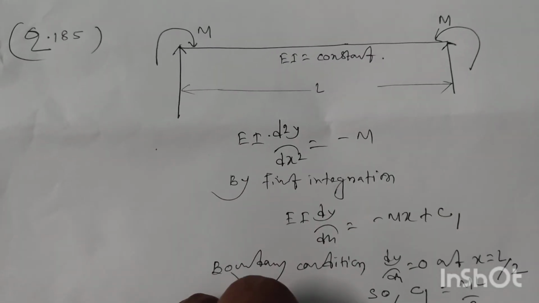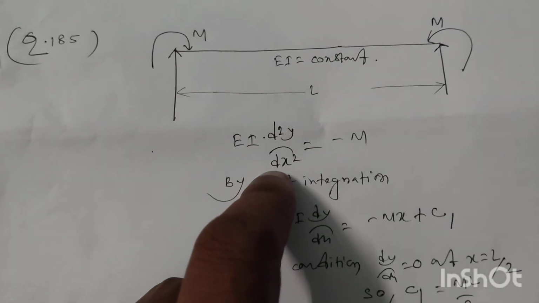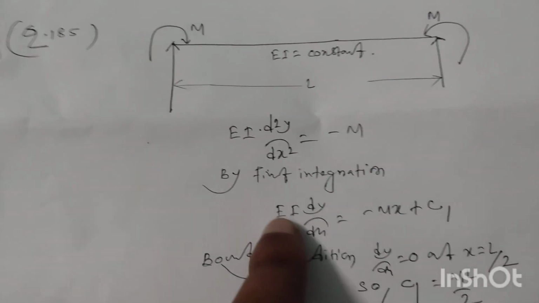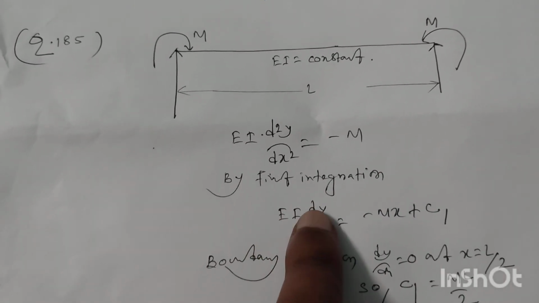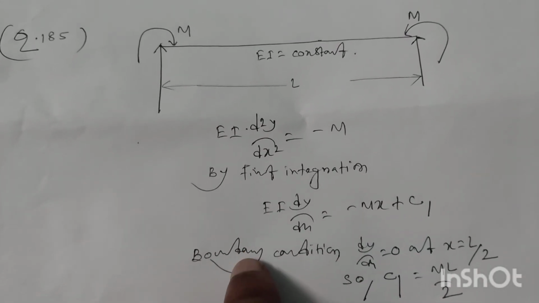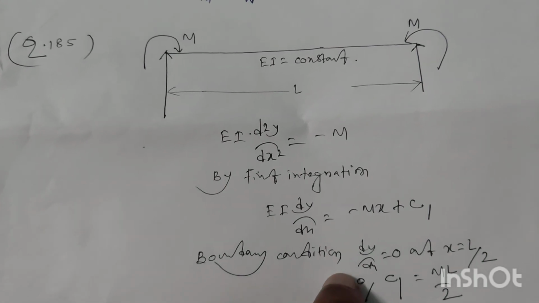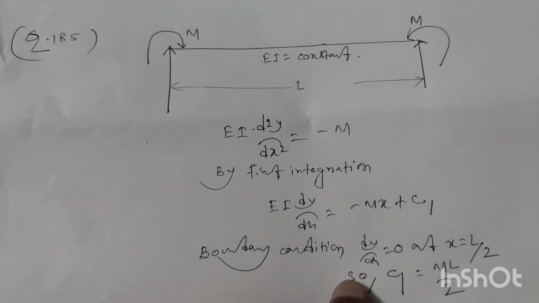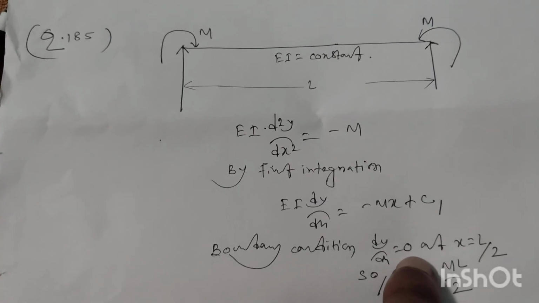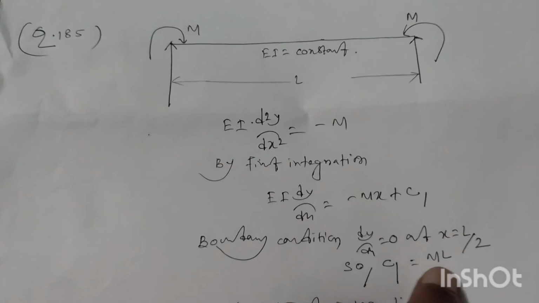So by double integration method, the governing equation will be EI d square y by dx square equal to minus M, and after first integration the equation becomes EI into dy by dx equal to minus Mx plus c1, and boundary condition will be at x equal to L by 2 the slope dy by dx will be equal to 0. So after putting dy by dx equal to 0 and x equal to L by 2 in this equation, c1 will be equal to ML by 2.